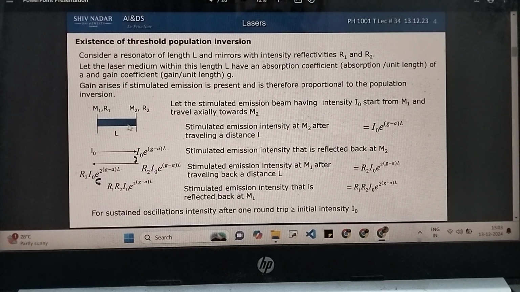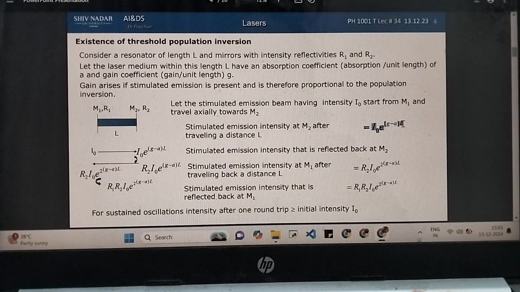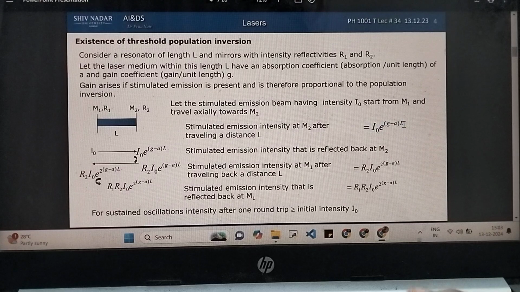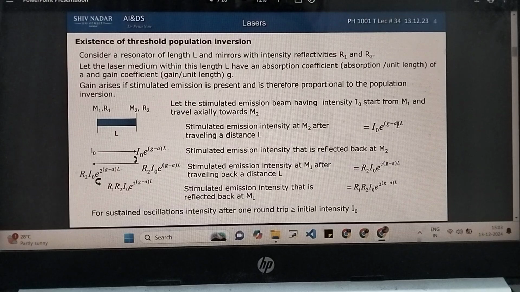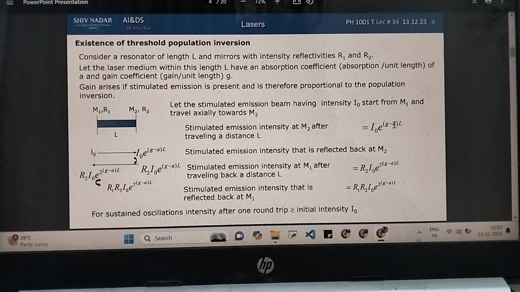By the time they reach M2, it was experimentally determined that their intensity becomes I0 e raised to (g minus a) times L, where I0 is the initial intensity they started with, L is the length of the reflector or the active medium, and g and a are the rate of gain and loss per pass respectively.